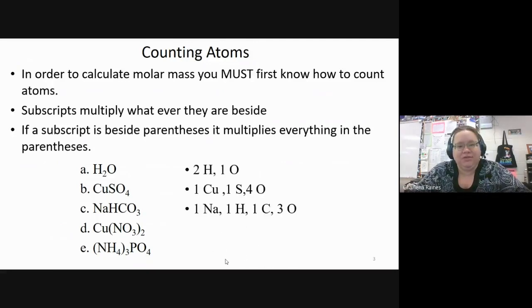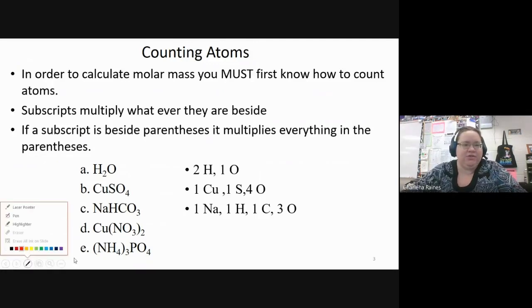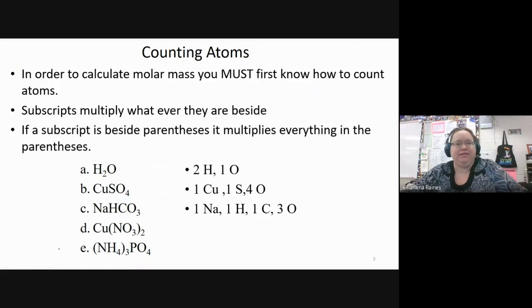The only time it gets a little complicated is when you're dealing with polyatomics with your parentheses. So the thing you want to pay special attention to is these numbers that are outside the parentheses. Whenever you see numbers outside the parentheses, they multiply everything that is inside the parentheses, and they only affect the stuff that is inside the parentheses.